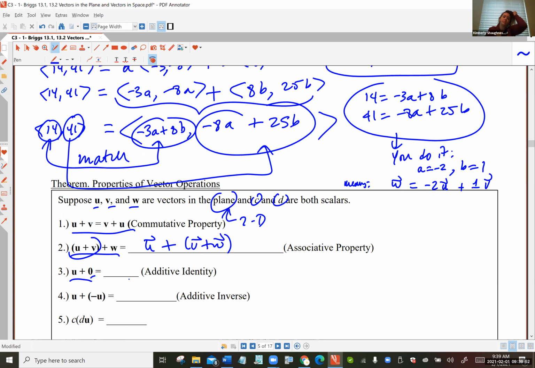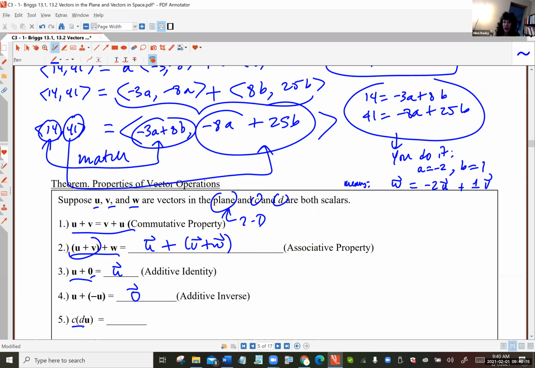So U plus 0 should be U. Hey, good job. Okay, how about U plus -U? Like 10 plus -10 gives you what? 0. So U plus -U gives you the 0 vector.